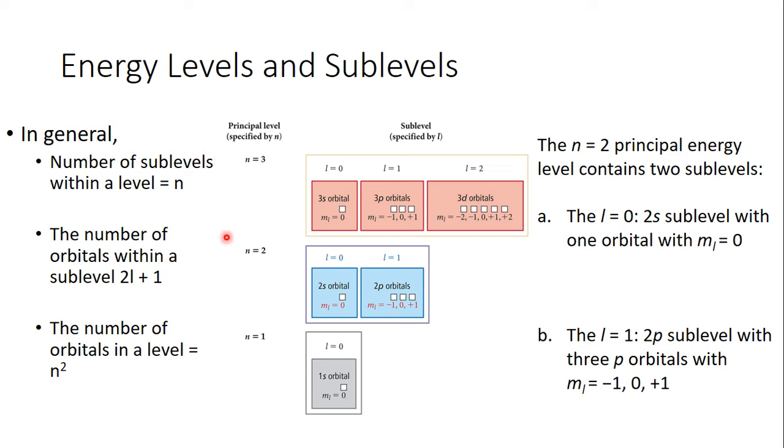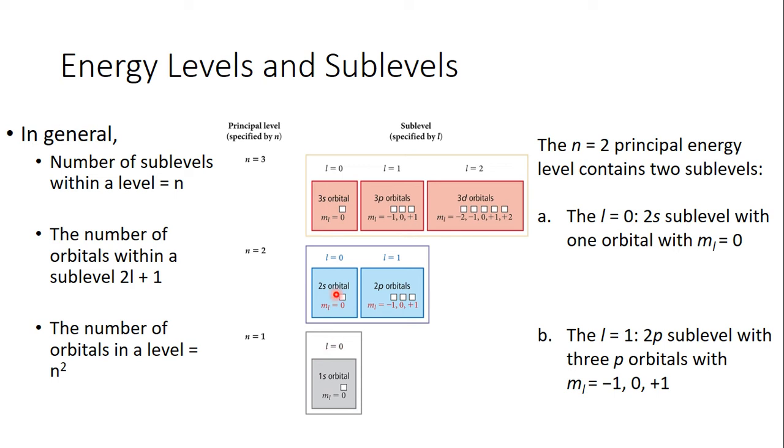So here I have three different energy levels for you. Remember, each energy level we give a number, or rather a variable, of n. So n equals 1 has an energy level, n equals 2 has an energy level, n equals 3 has an energy level. In these energy levels, we have different orbitals. We call these L's.